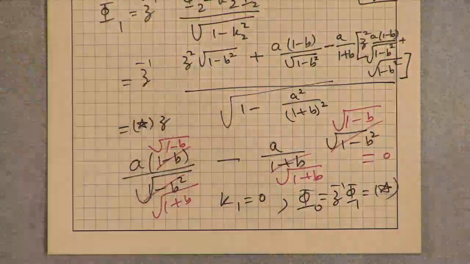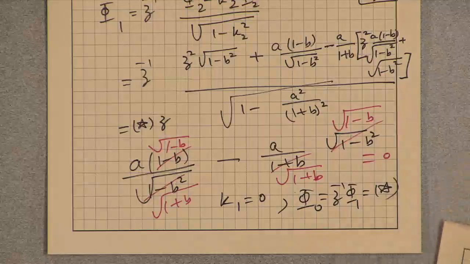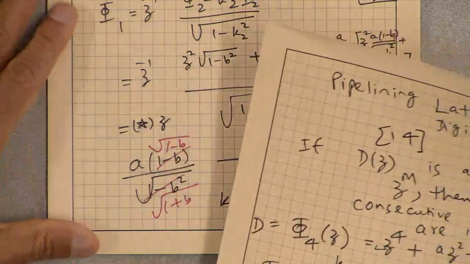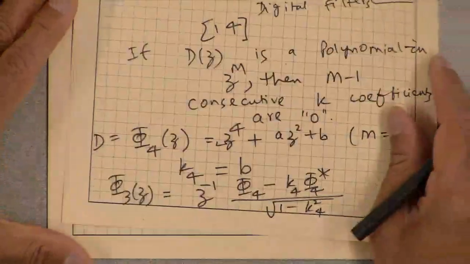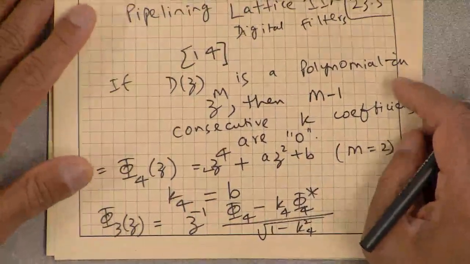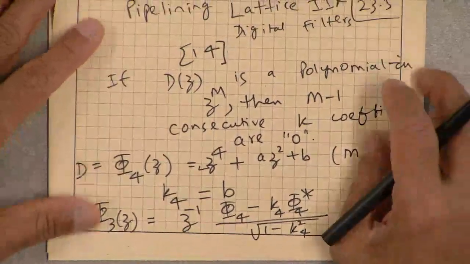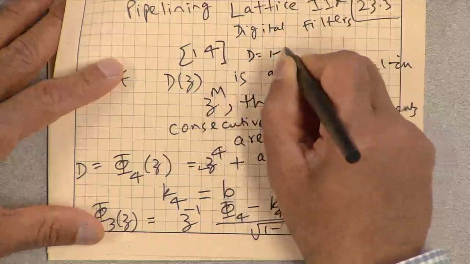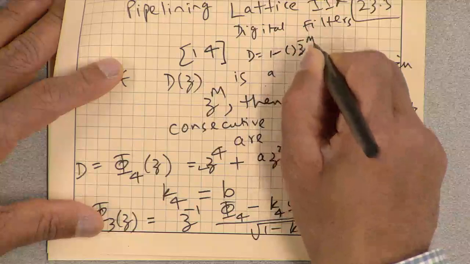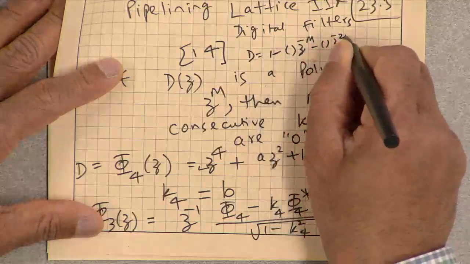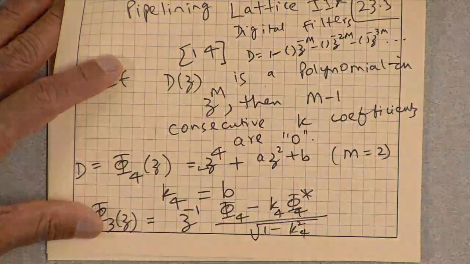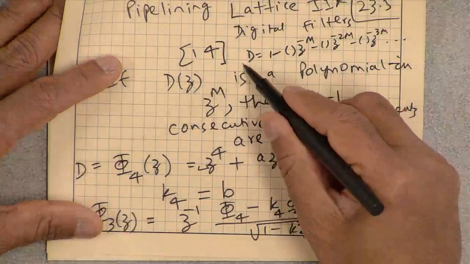That's what I was trying to illustrate: if it is in scattered lookahead form, which means it's a polynomial in z to power minus m, not a polynomial in z to power m, then the denominator is something plus or minus some constant times z to power minus m, z to power minus 2m, z to power minus 3m, etc. Okay, so that's what I mean by a polynomial in z to power m.